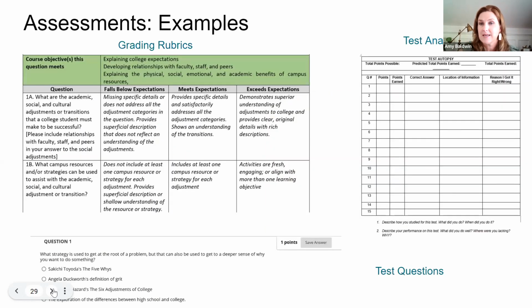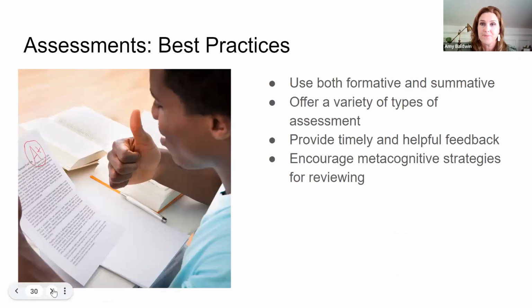So assessments, again, talked about, if you have a rubric or if it's a major assignment, it's always helpful to have a rubric. But talking through those assessments, how they got things right, why they got things wrong, can be very helpful to them. So I use the term formative and summative if you're not familiar with those. Formative assessments are things that help form students. So think about that.